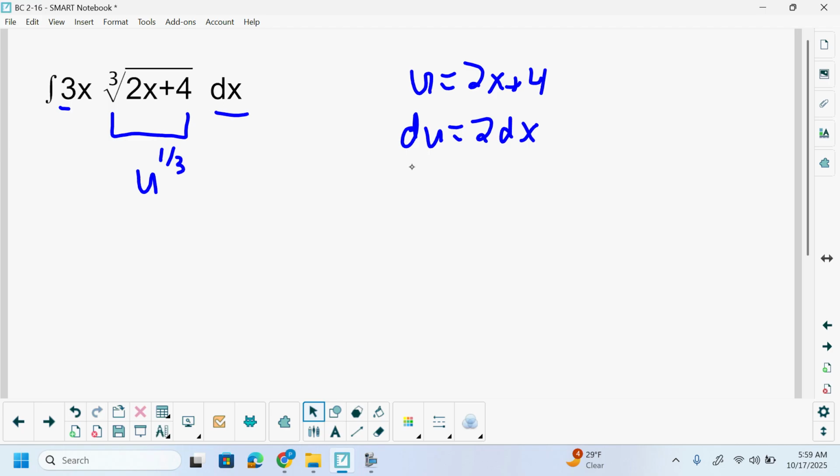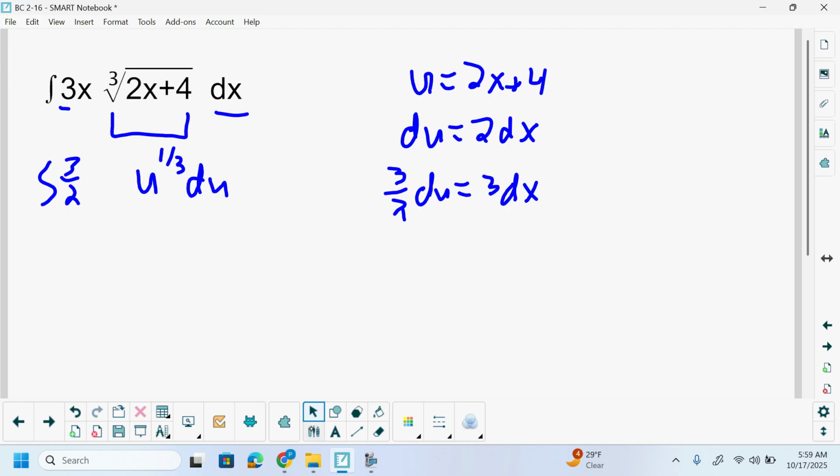So let's multiply both sides by 3/2, and that'll give us a 3 dx. So now the 3 and the dx are going to get replaced with 3/2 and du. But we still got to replace that x.